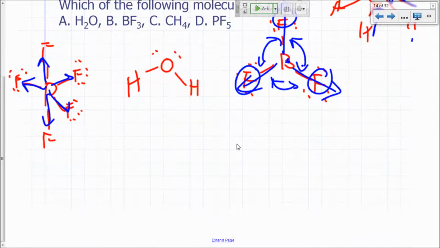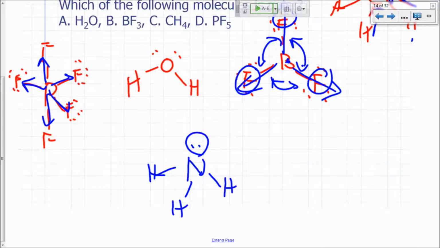Not necessarily. For example, ammonia. If you have ammonia, it's a trigonal pyramidal geometry. We have that lone pair right there. You have a tetrahedral center, right? So you have three polar bonds. Oh, I'm sorry, I got the wrong arrows.